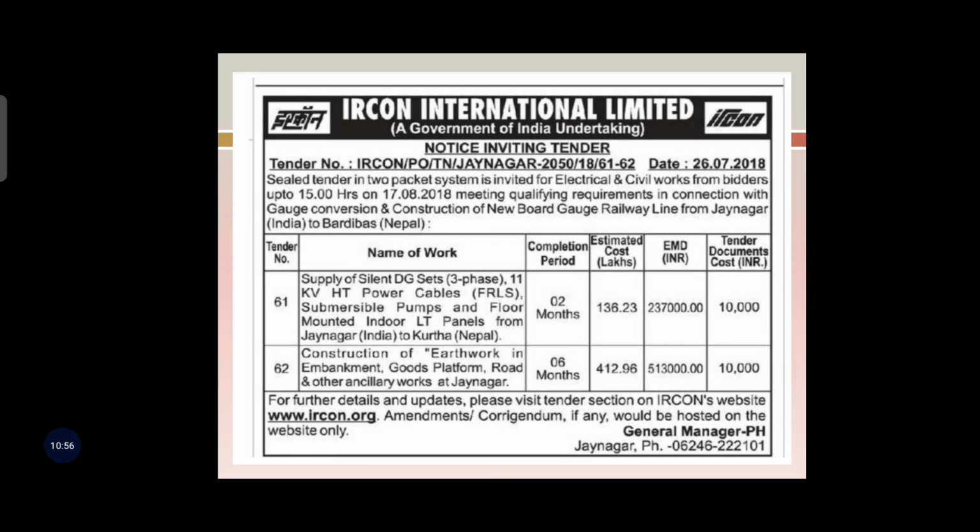Then you have to give the name of the work, that is the supply of materials, submersible pumps, floor mounted panels, LT panels. Then the construction of earthwork, embankment, platform, road and ancillary works. So the completion period you have to give, then estimated cost, then earnest money deposit and tender document.